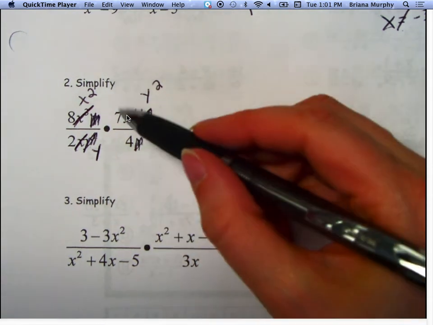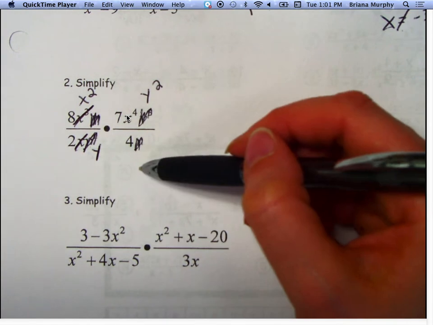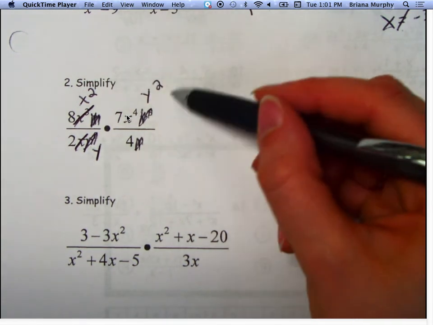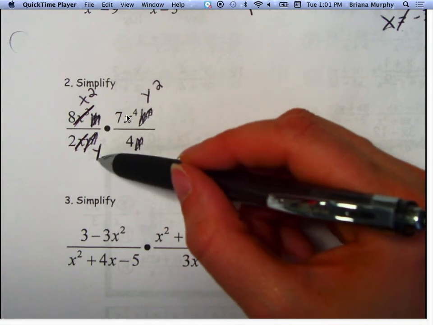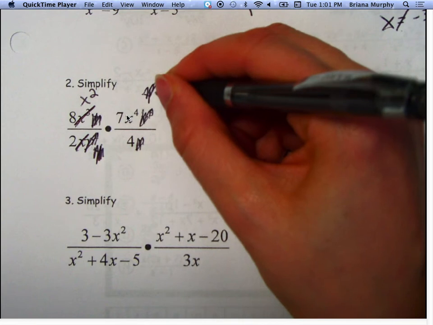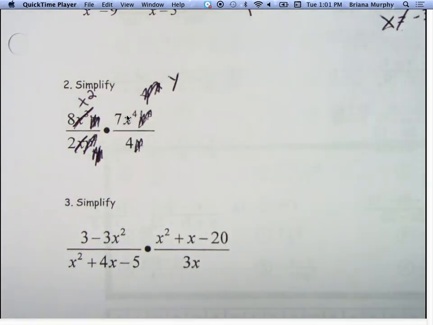How many x's do I have on top now? I have 6, but none on the bottom, so I can't cancel anything. I have y squared on top and 1 y on the bottom, so I'm going to cancel out this y and change this to just 1 y.